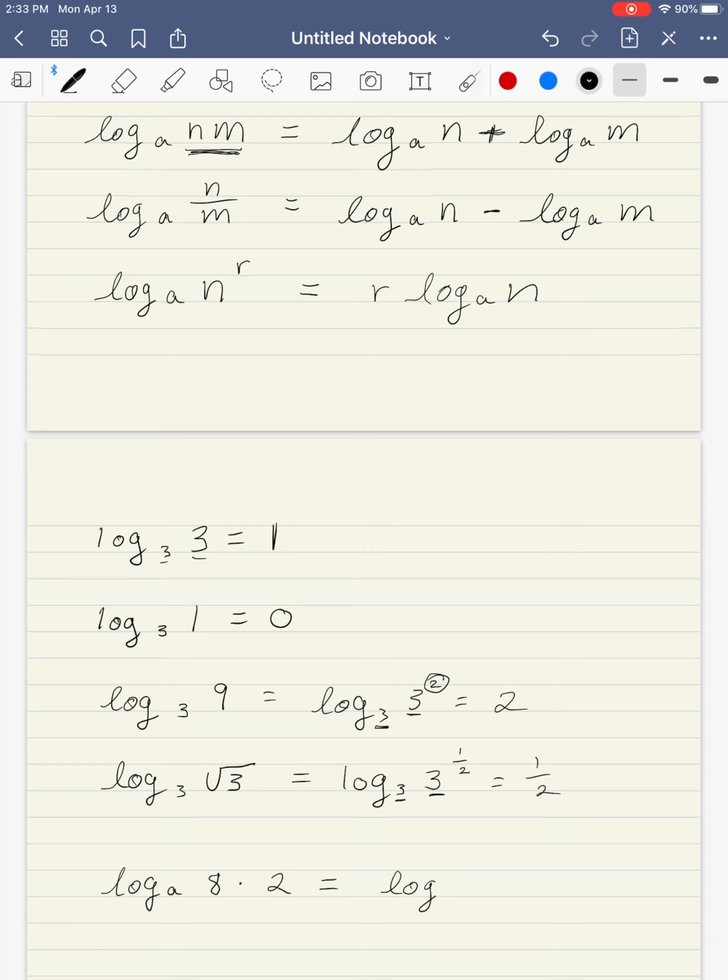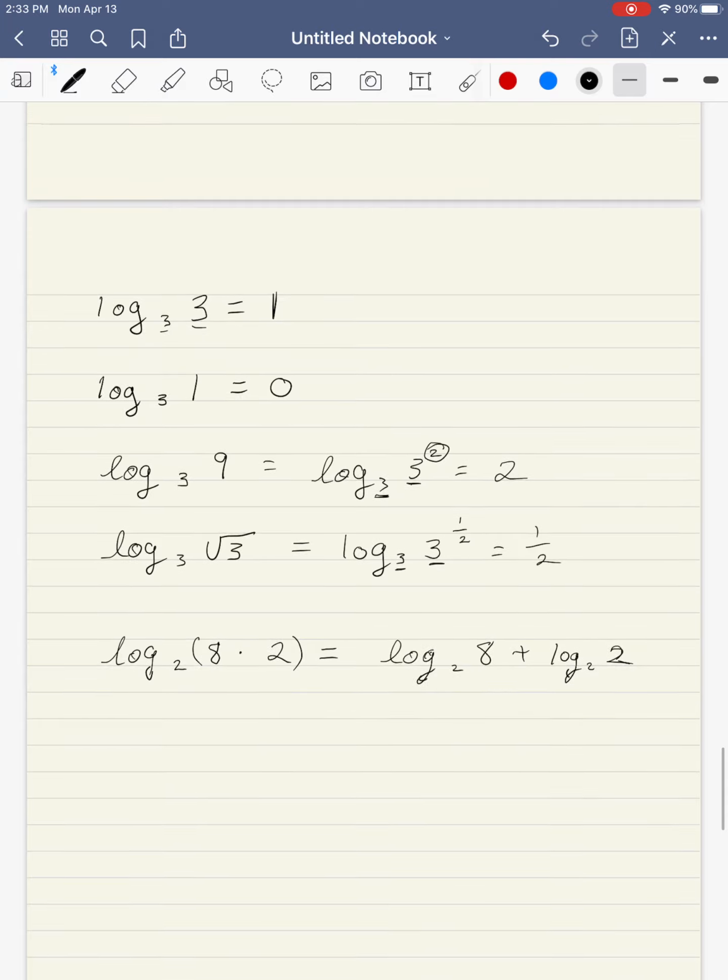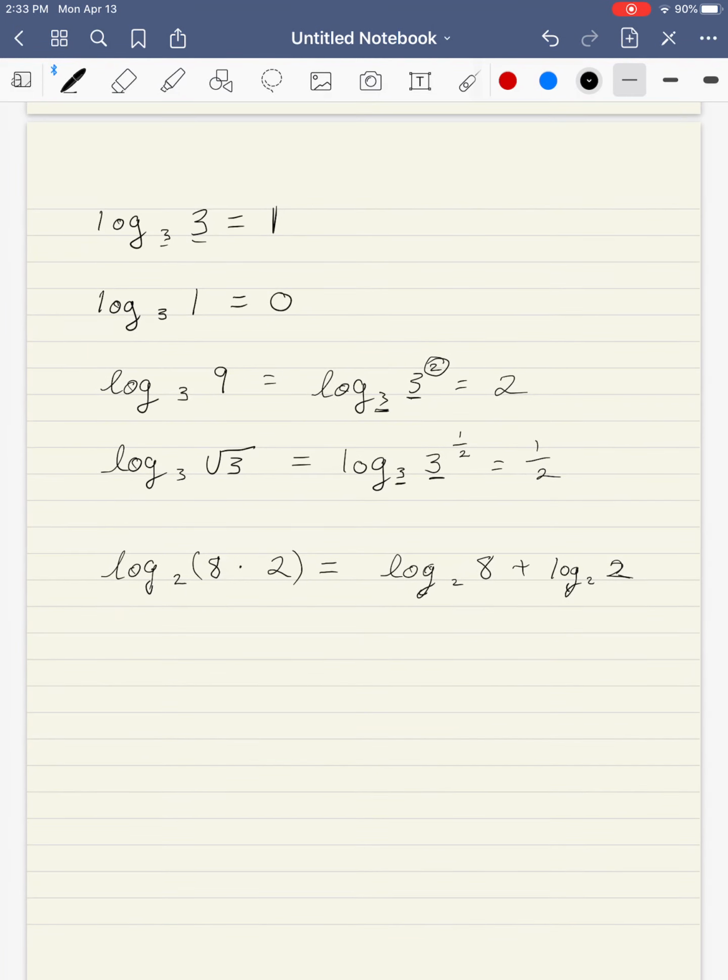According to our principle, that is the same thing as the logarithm base 2 of 8 plus the logarithm base 2 of 2. So let's see if we can see how these two are exactly the same thing.